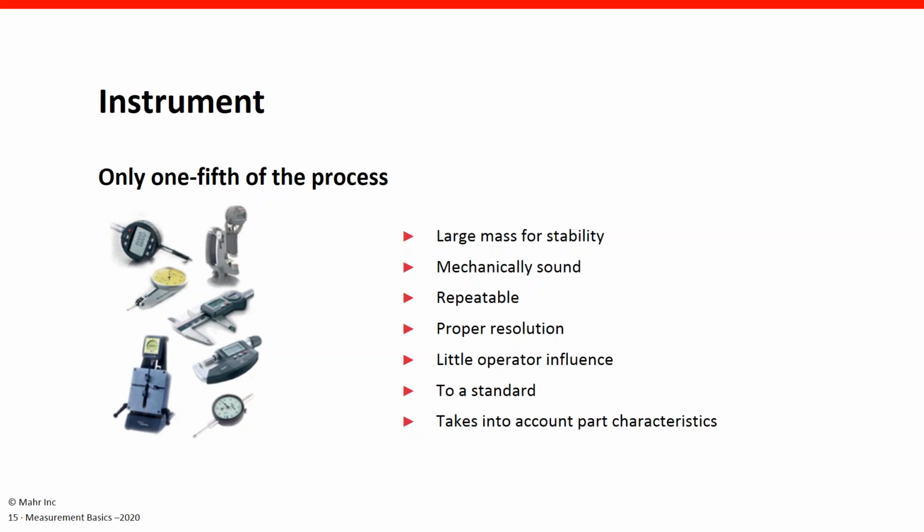The operator should not have much influence on the measurement. Sometimes gauges are made to a standard. That's especially true when measuring compressible materials. And it should take into account part characteristics, like the form condition or a thin wall and so forth. That's all part of making a good measurement.